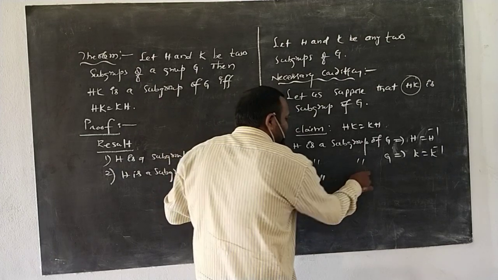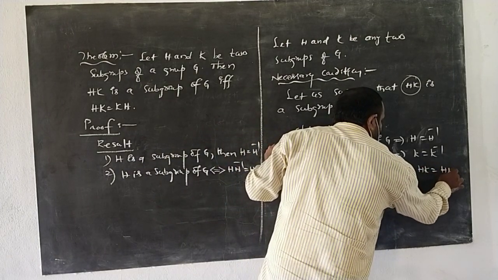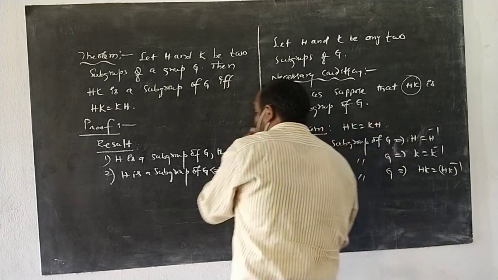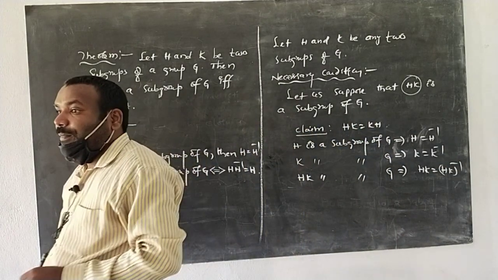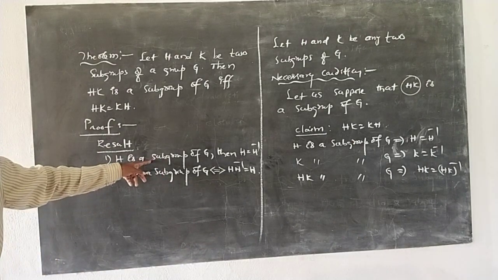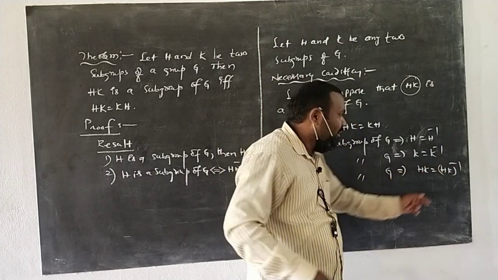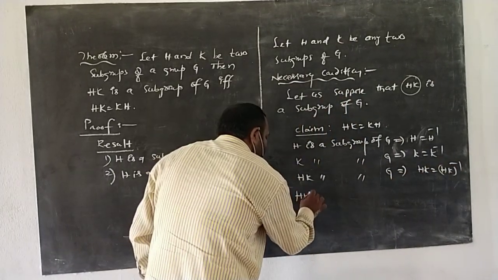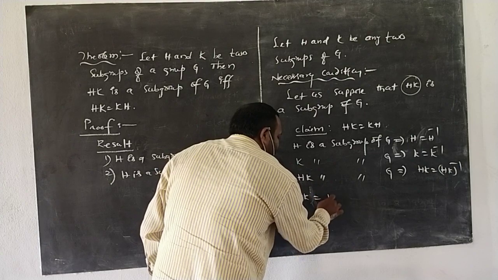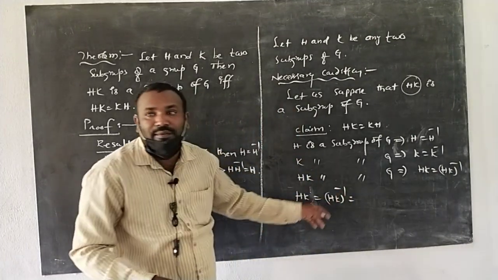Again HK is a subgroup of G, that implies HK equal to HK whole inverse. For any subgroup you can use this result.